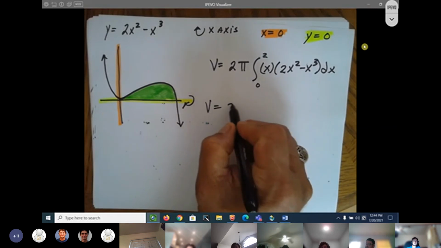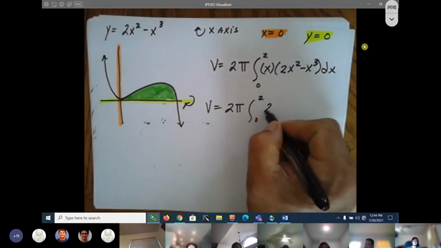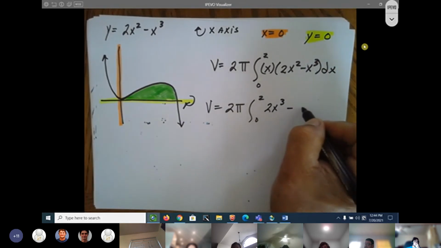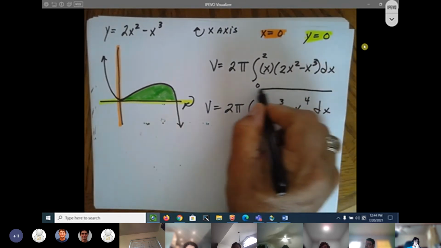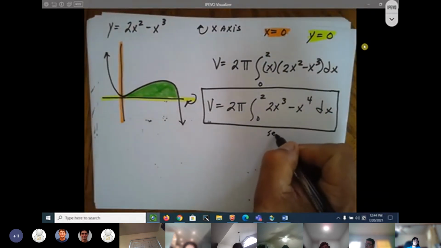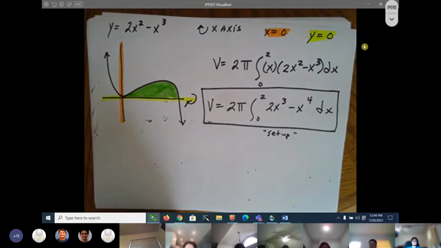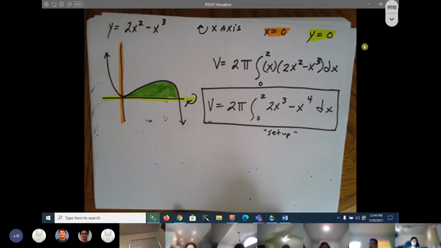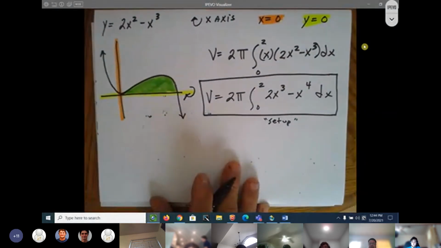And volume is equal to 2 pi, 0 to 2, of 2x to the third minus x to the fourth dx. And that is your setup. Always remember to mark your setup so you know, even if you don't have time to do the math, at least you got the setup.